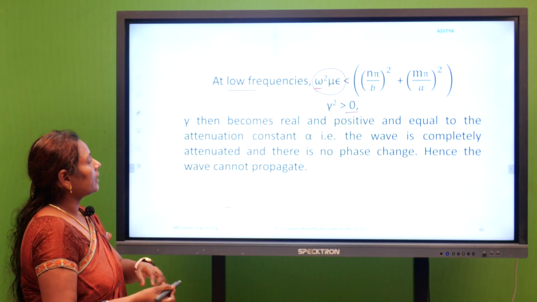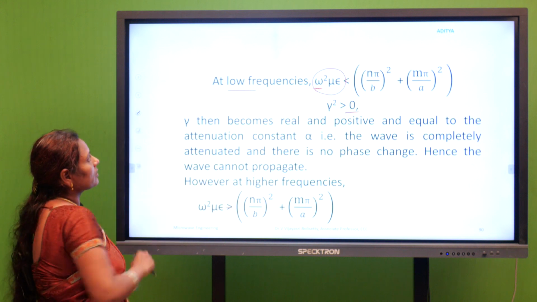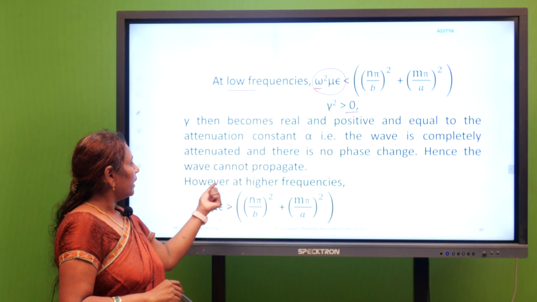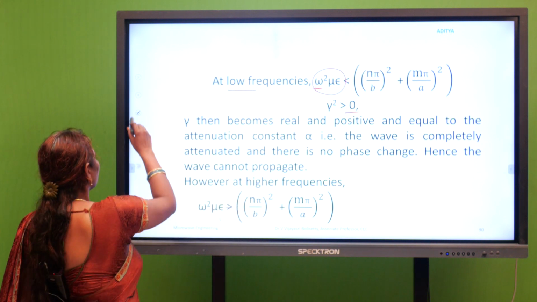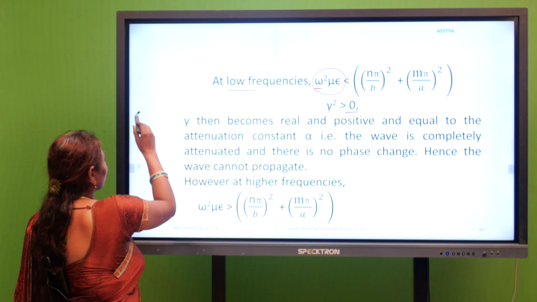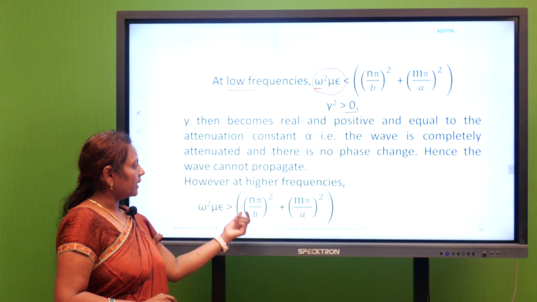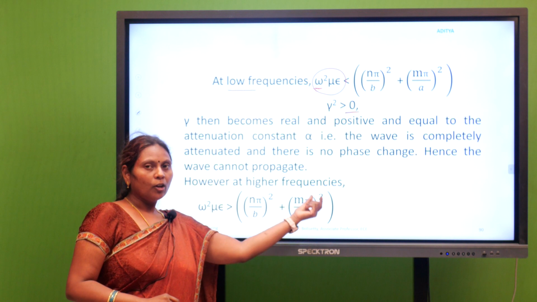So now let us take what happens at high frequencies. At high frequencies, that means omega square mu epsilon is greater than (n pi by b) whole square plus (m pi by a) whole square.